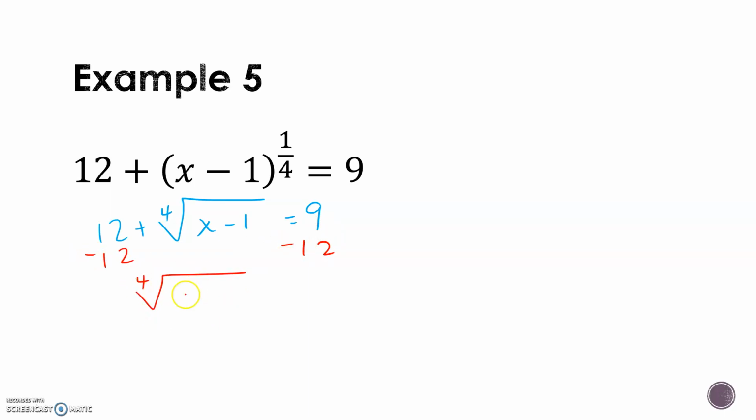So fourth root of x minus 1 is equal to negative 3. And then we'll take the fourth power of this. So x minus 1 is equal to negative 3 times negative 3 times negative 3 times negative 3.